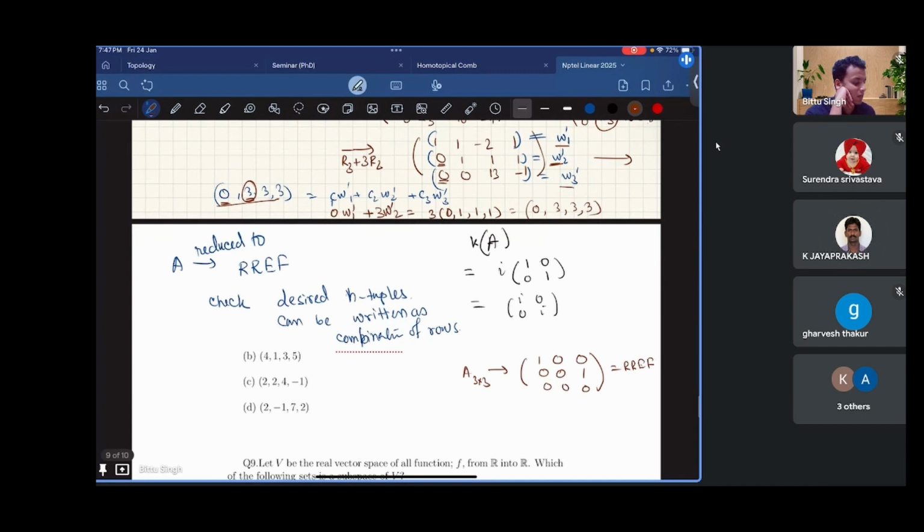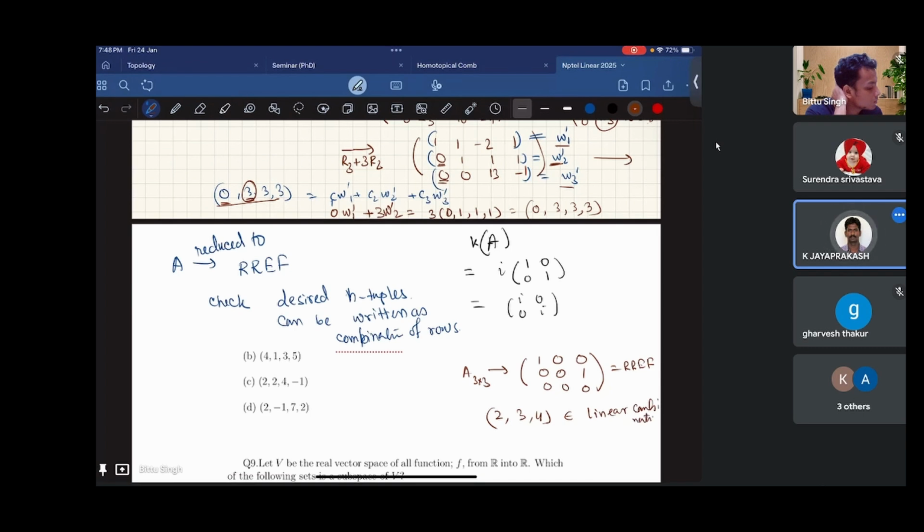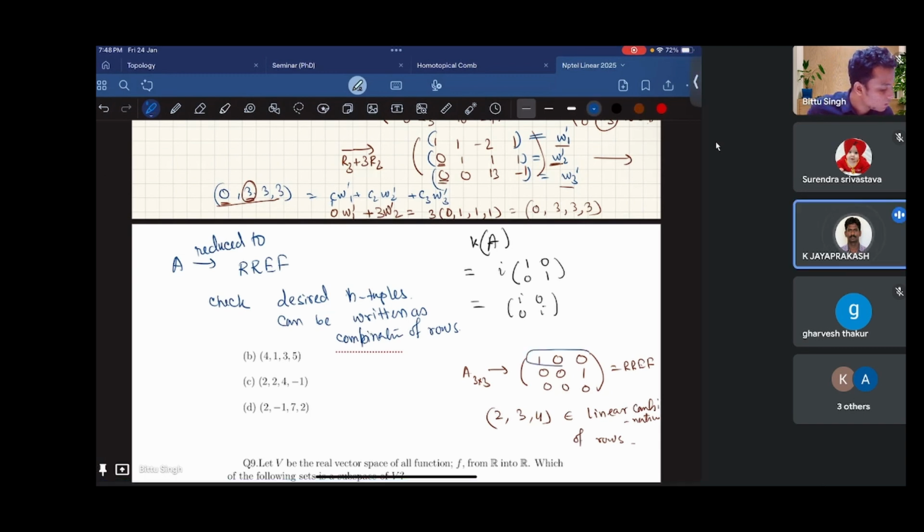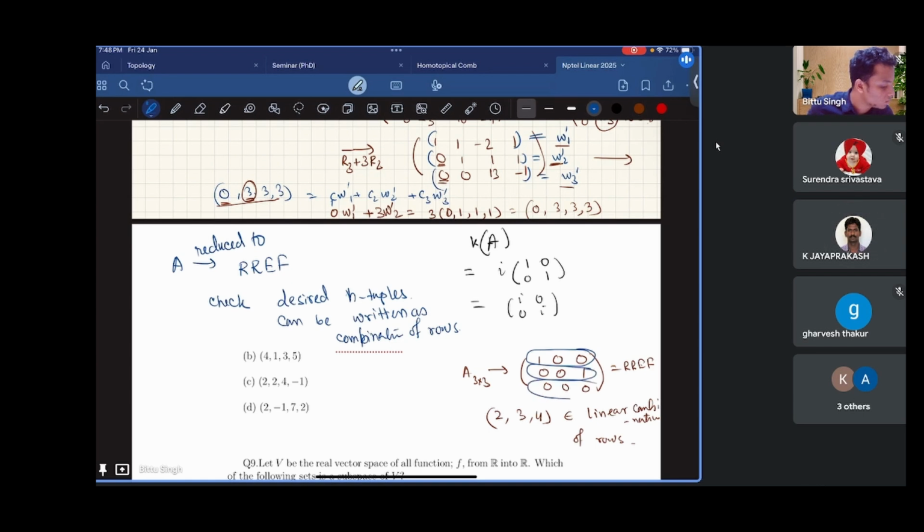Then can you see that? Can you write 2 3 4 as a linear combination of the rows R1, R2, R3? Is it possible?